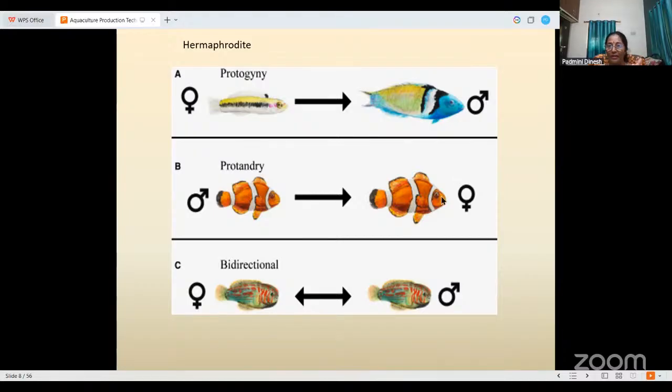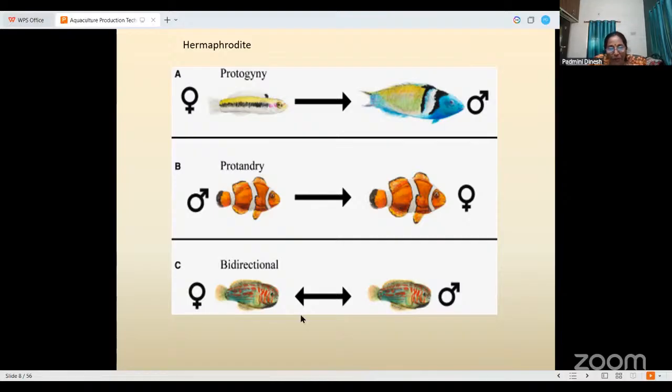It's only one partner which will mate with this female. Now, because of some circumstances, if this female dies, the male that was the partner of this female grows in size, changes itself into a female, and becomes the leader of that school of fishes, and it has another partner. So only one partner. So that is the beauty of protandry and protogyny.